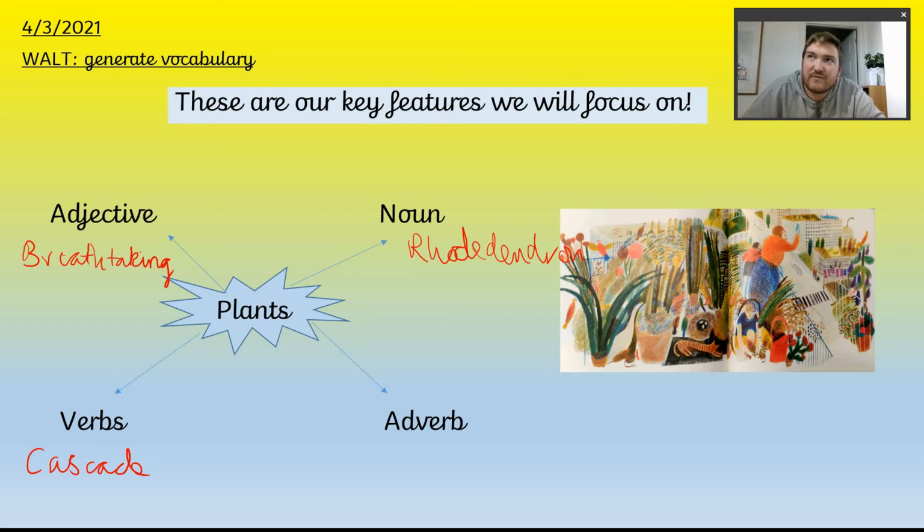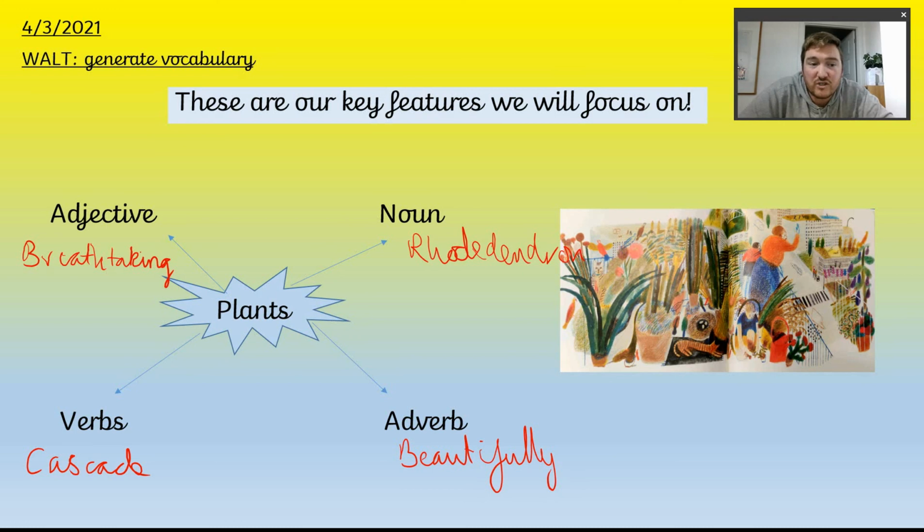Now, my adverb is a word I need to describe how it's cascading. So how did it fall down the side? I could say it was beautifully cascading from the rooftop.